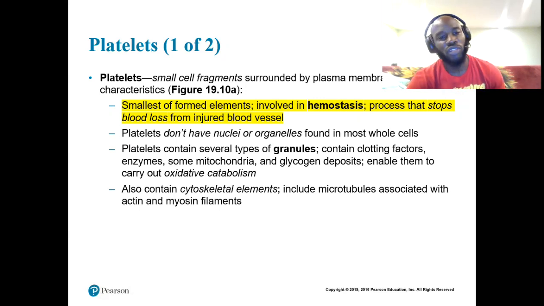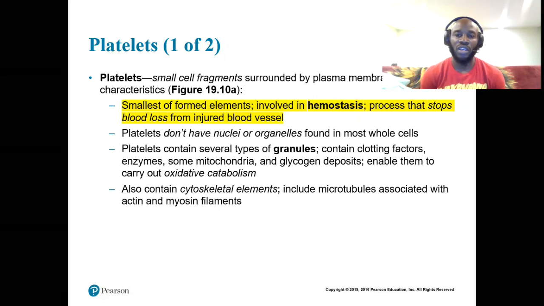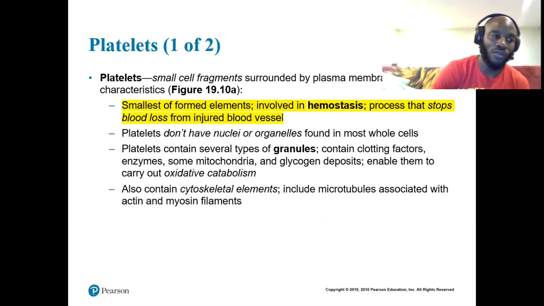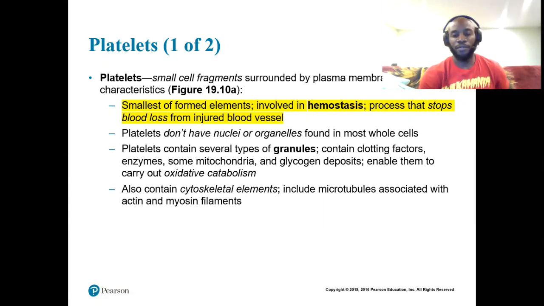Okay, platelets don't have nuclei or organelles found in most whole cells, which is very similar to the red blood cells. Remember, they don't have the nucleus or a bunch of the organelles as well. Platelets are developed for a specific function, and they do that function well, and they don't need a whole slew of organelles to be able to perform their function.